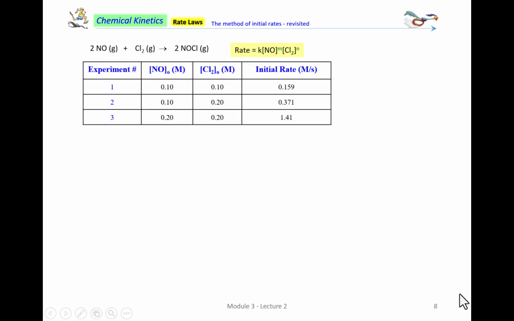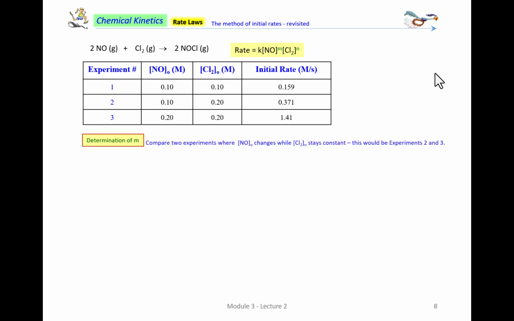So let's put our reaction and rate law expression, a general one, and our data from the previous slide up here. And our first job would be to determine m.